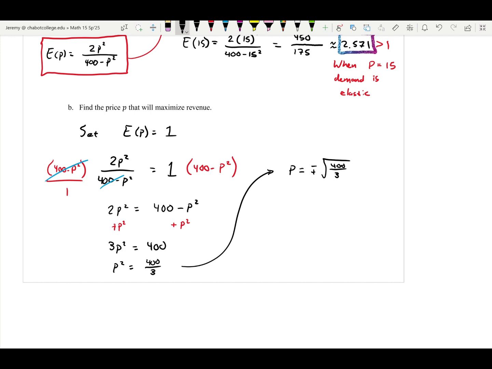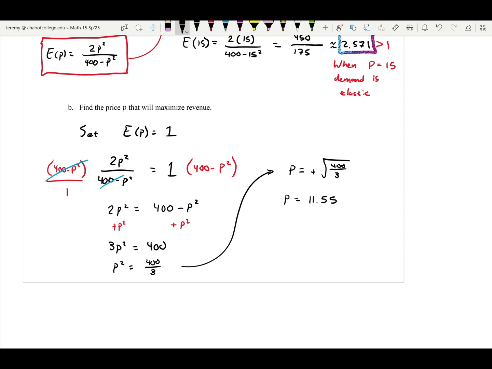Technically, it's a plus or minus, but a negative value does not make sense in this application because we're solving for the price we're going to charge per kite. So we're not going to be using a negative value here. So really, we just need the positive one. And I put this into my calculator, and we'll round to the nearest hundredth because we're talking about dollars here. I got 11.55.